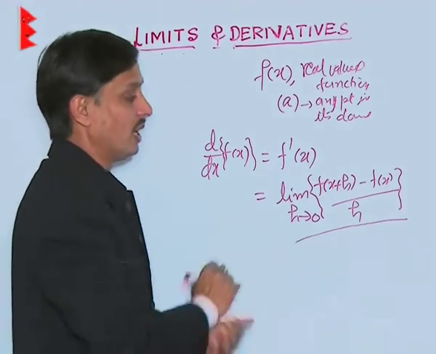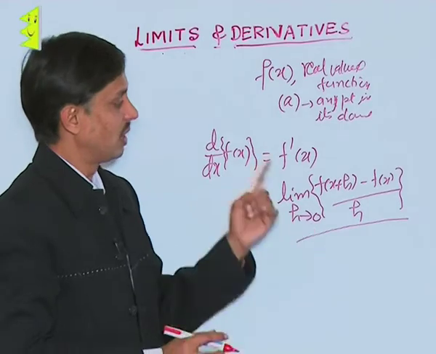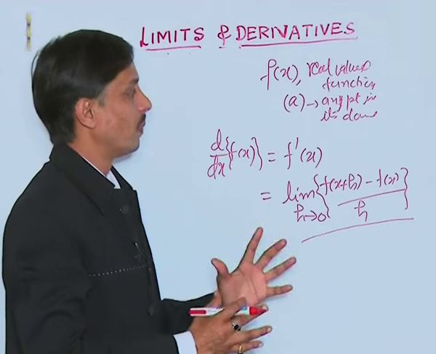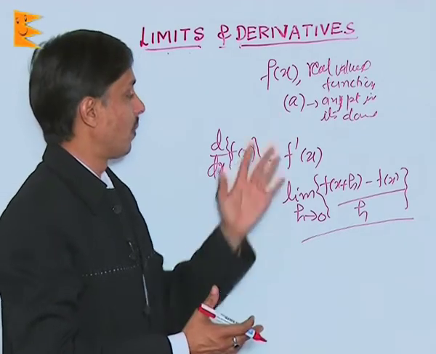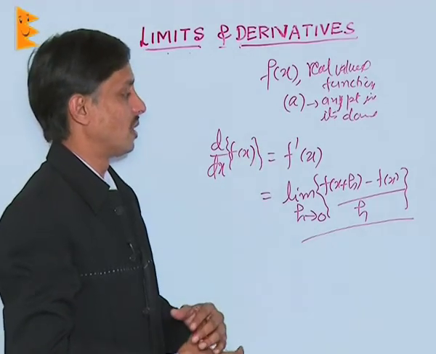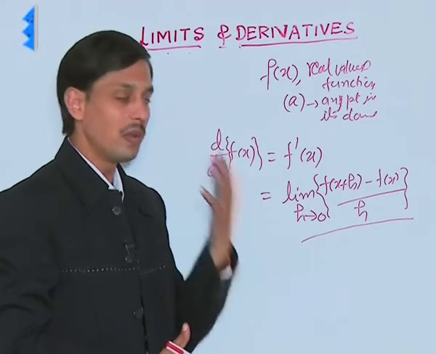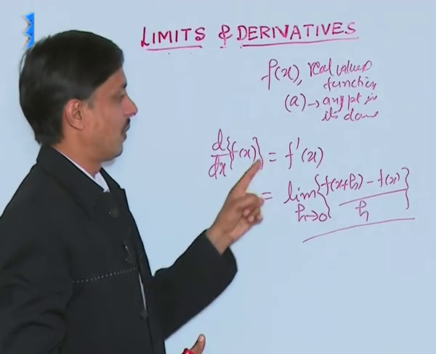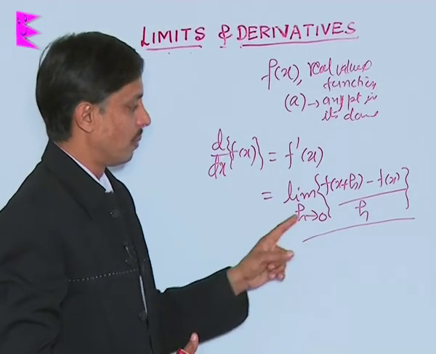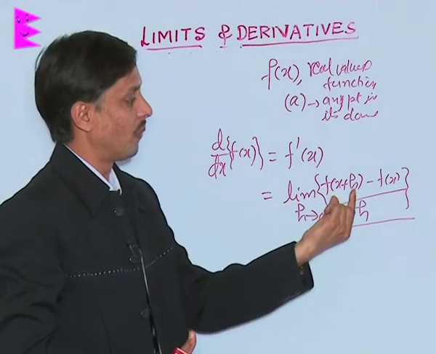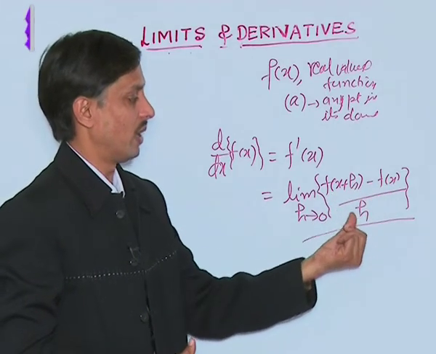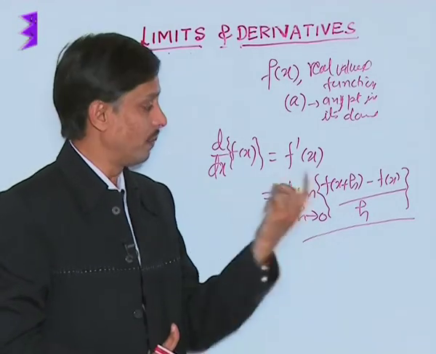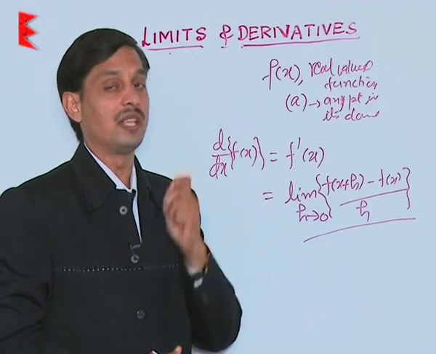This is the formula, procedure, method, approach to find the value, that is the derivative of any real valued function, at some point if it exists in its domain. That is, derivative of f(x) or f dash x is equal to limit h tending to 0 of f(x plus h) minus f(x) upon h. Obtaining the value of derivative with this approach is also known as the first principle.